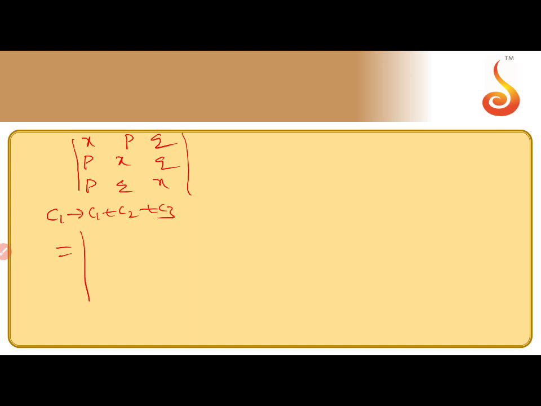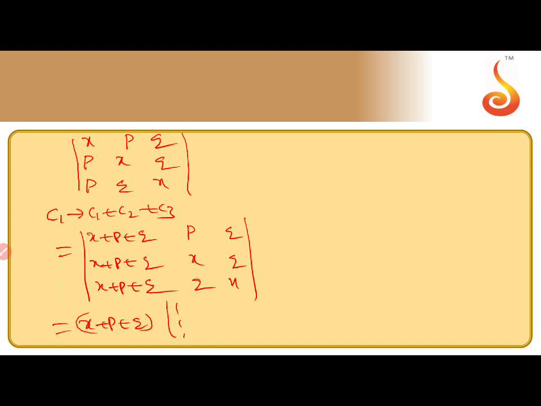If you add the columns, replace the first column, because some speed is required. We get x plus p plus q in each entry of the first column. Now take x plus p plus q common from the first column: 1, 1, 1; P, X, Q; Q, Q, X. If any row or column contains three ones, make two zeros. So I will take R2 as R2 minus R1 and R3 as R3 minus R2.